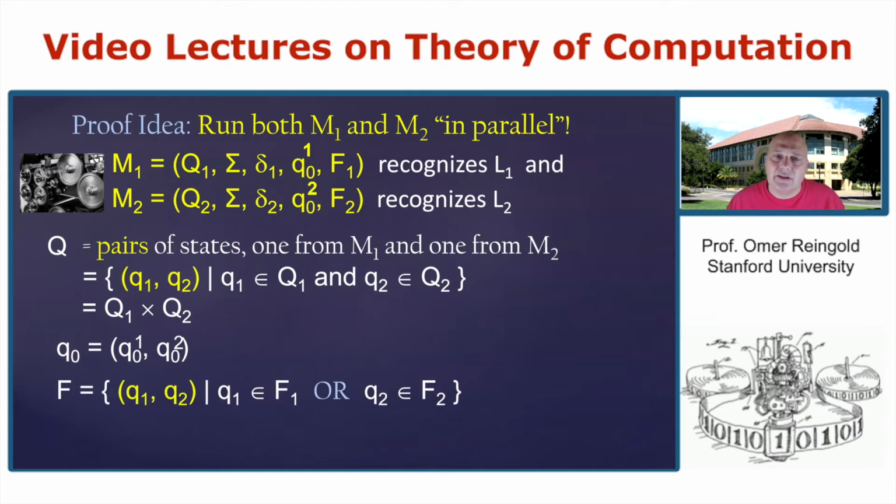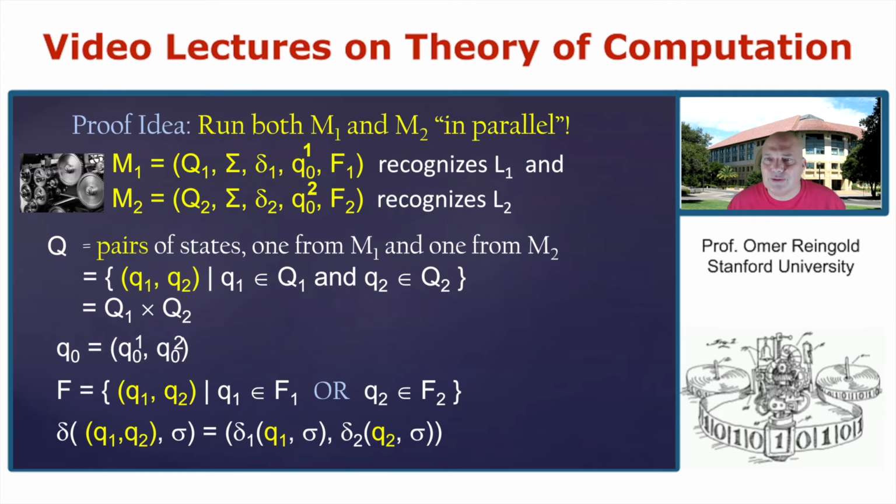The accept states are going to be Q1, Q2, where either Q1 is an accept state or Q2 is an accept state. And the transition function is exactly the one that allows us to say that we are running in parallel.